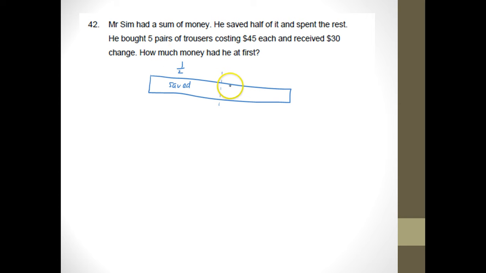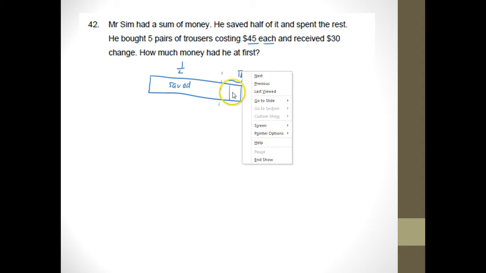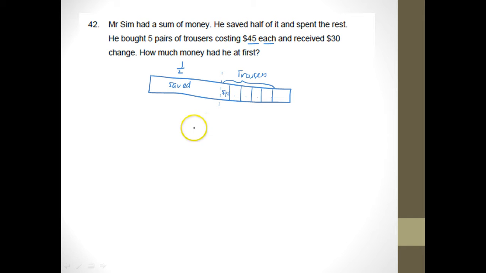So I know I have 5 pairs costing $45 each. So 1 pair, 2 pairs, 3 pairs, 4 pairs, 5 pairs. So these are the trousers. One, two, three, four, 5. Each pair is 45, so 1 unit is 45.